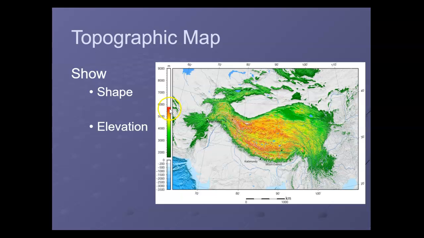This red is the highest elevation, close to 6,000 feet above sea level. This is below sea level, so it shows depth of the water. And you can tell there's mountains here just by looking at our elevation. In fact, Mount Everest is located right here, and that's what a topographic map shows us.